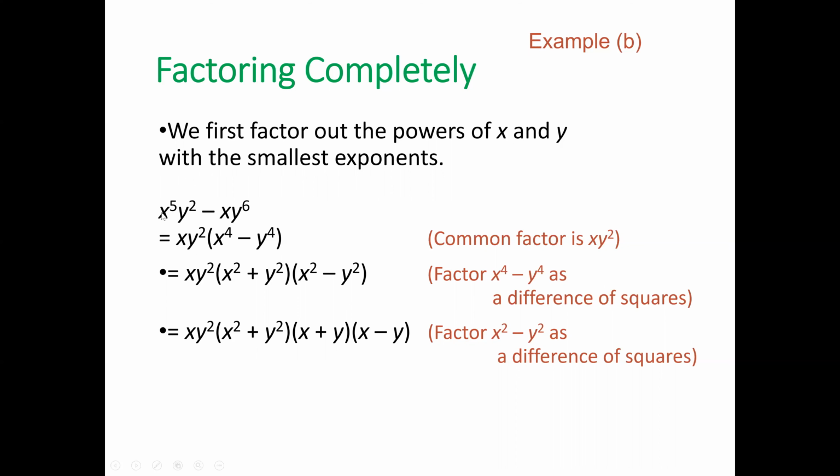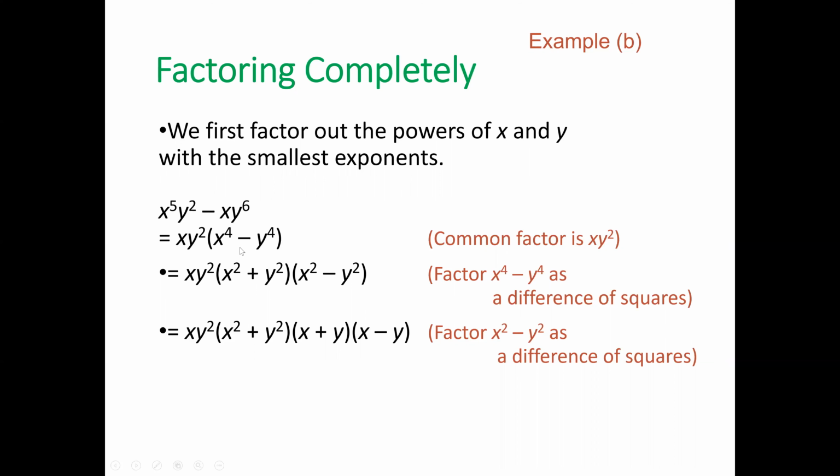Now if I divide x to the power 5 y squared by x y squared, it will remain only x to the power 4, because 5 minus 1 will give me 4. y squared will cancel, then minus. Here also x will cancel, 6 minus 2 will give me 4. Again, we used the rules of exponents. When we are dividing, we subtract the exponents if the bases are the same.